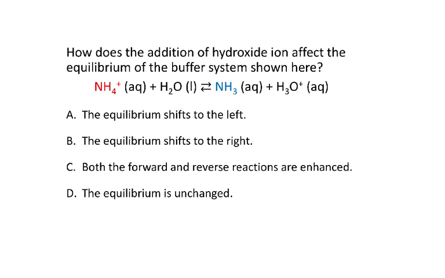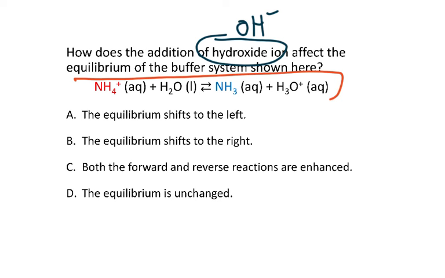Great. Well, now notice hydroxide is not actually a part of this reaction, but it does have an impact on one of the parts of the reaction, right? If we add OH minus, that's like decreasing H3O plus.